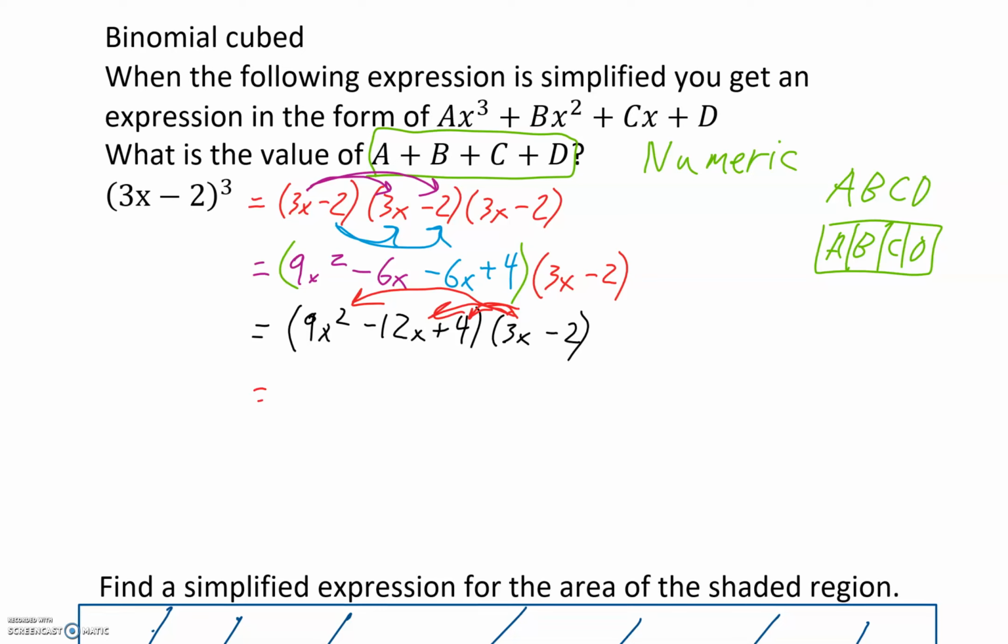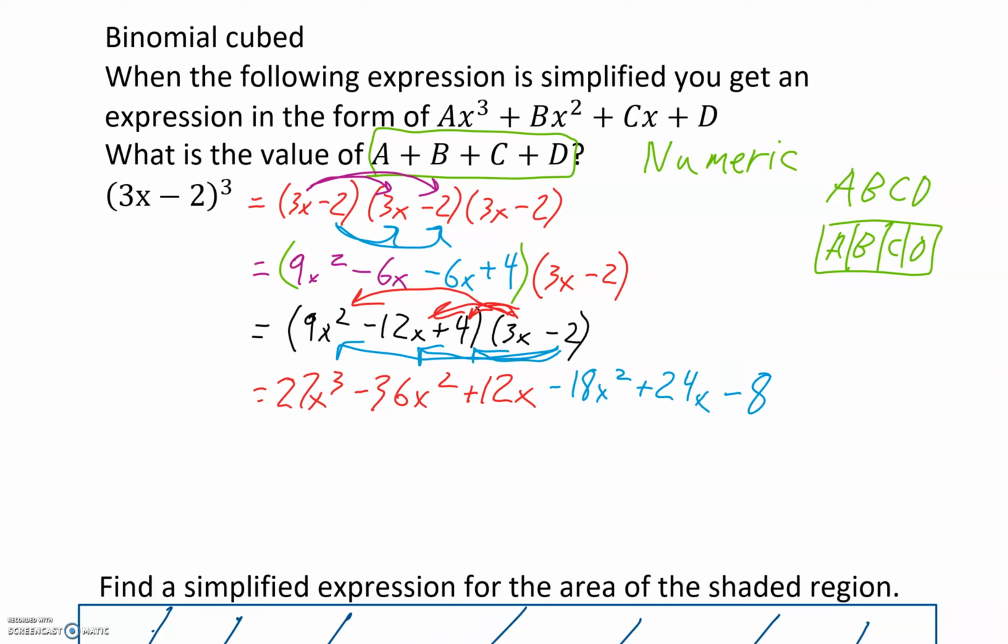So that gives us 27x to the 3, negative 36x squared plus 12x. Okay, and then we're going to do the negative 2 in, so it's going to be negative 18x squared. Then it's going to be plus 24x and negative 8.